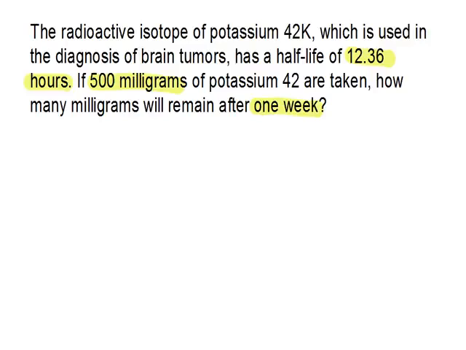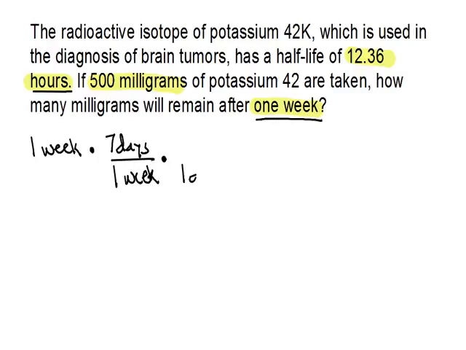Before we can do this, we've got a problem, because our half-life is given in hours, but we want to know how much is left after 1 week. So we've got to do a conversion here. It's probably easiest to do weeks into hours. So 1 week is 7 days, and 1 day is 24 hours.